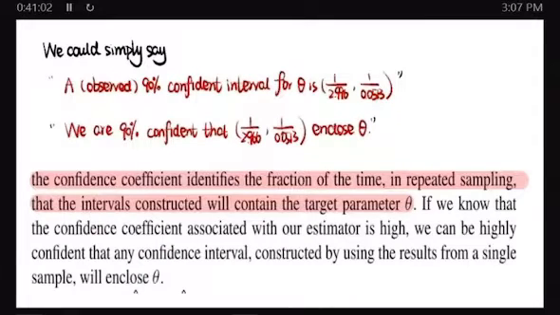But we could simply say an observed 90% confidence interval for theta is that observed interval. We could simply say that we are 90% confident that it encloses theta. Now, I put this: the confidence coefficient identifies the fraction of the time in repeated sampling that the interval constructed will contain the target parameter theta.